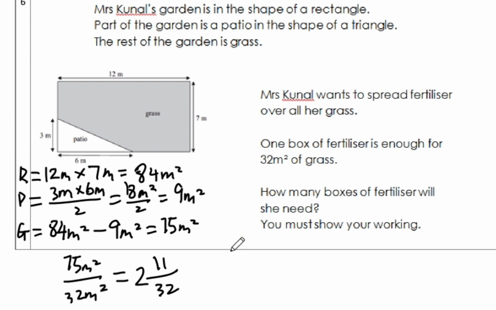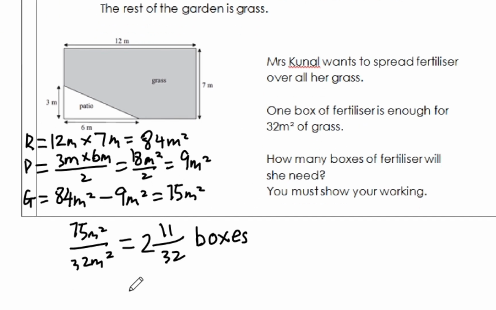So she would need 2 and 11 over 32 boxes of fertilizer. But since we will need a whole number, we can just round it to 3 boxes.